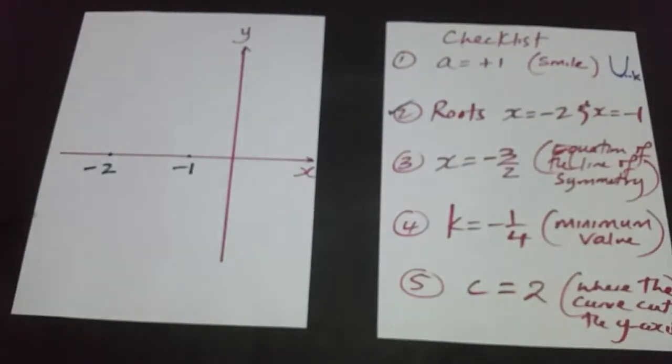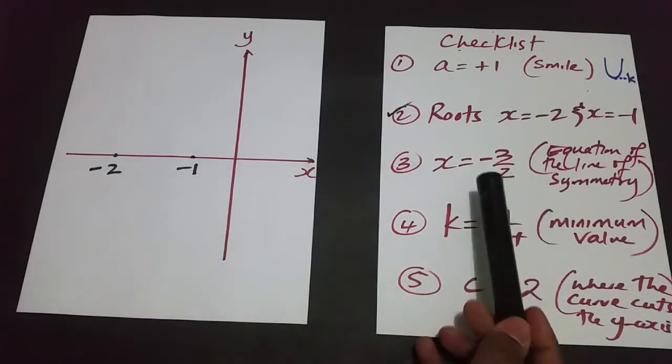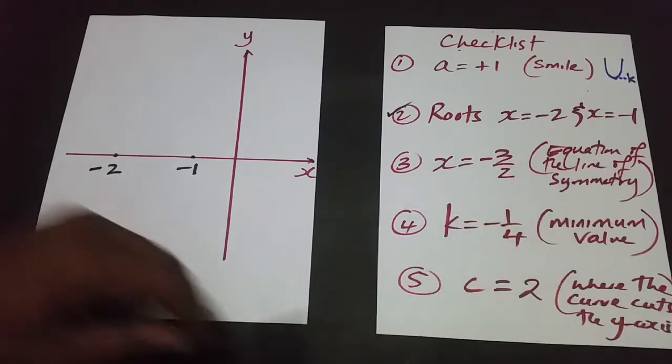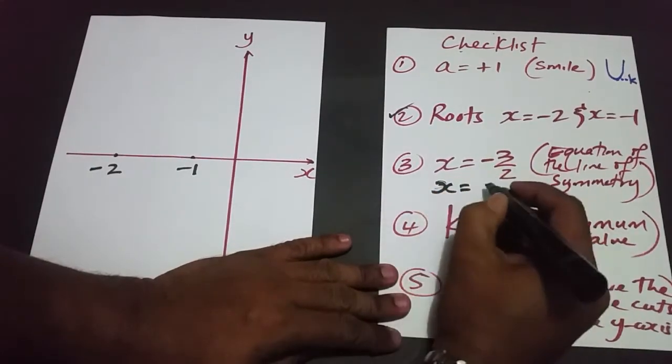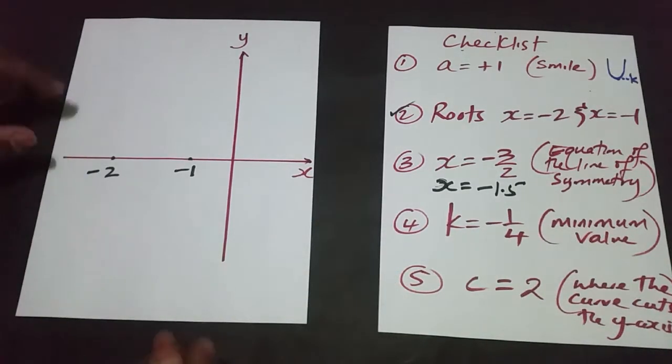Now the next thing I want to do is to put on the line of symmetry. The line of symmetry is x equals -3/2, which is the same thing as x equals -1.5, if you want to look at it as a decimal.